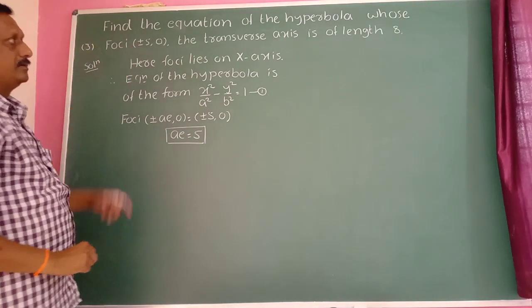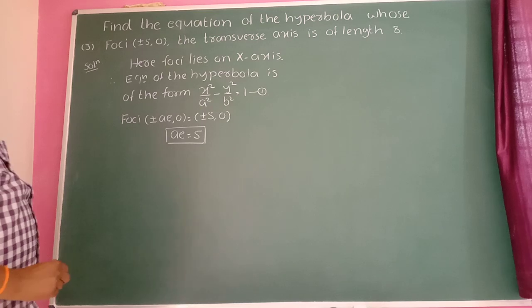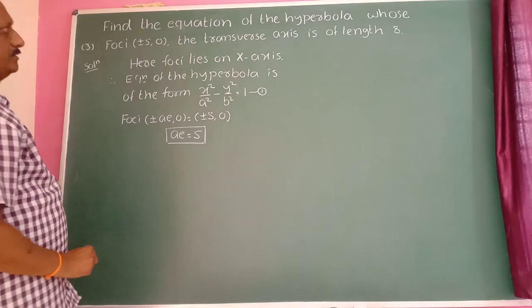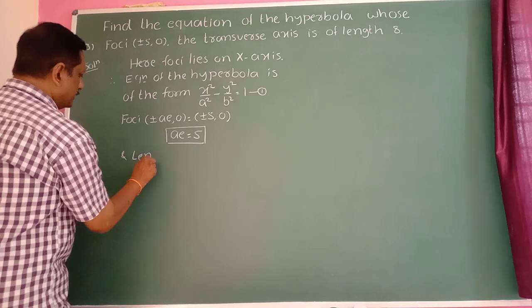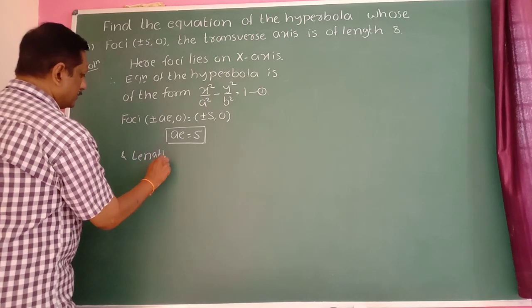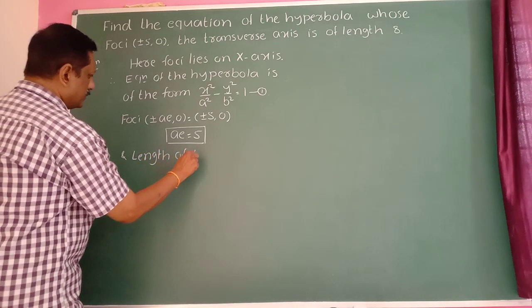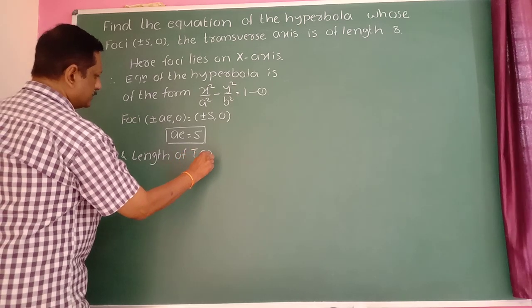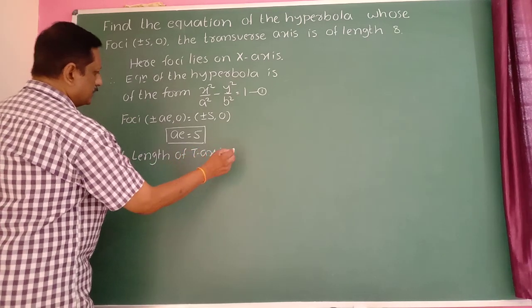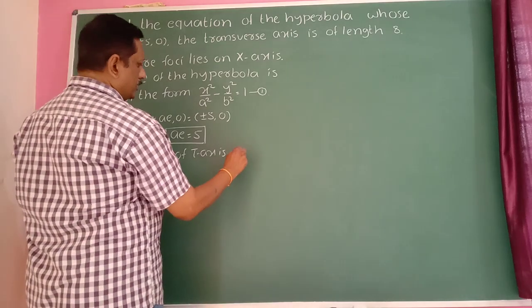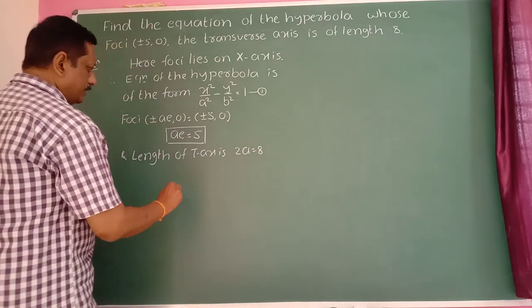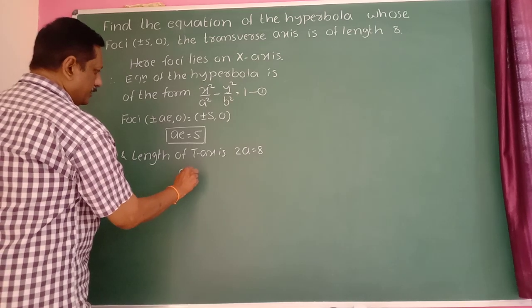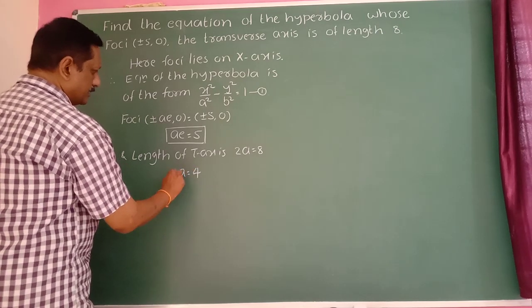The given length of the transverse axis is 8, so 2a is equal to 8. Therefore a value is 4.